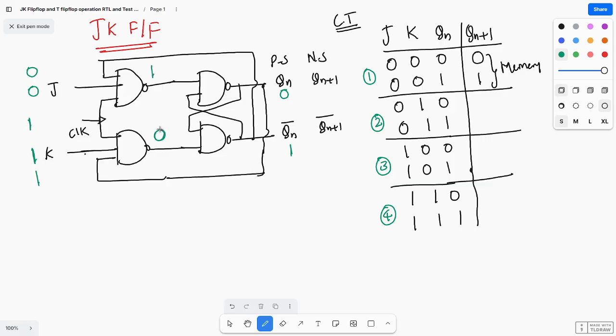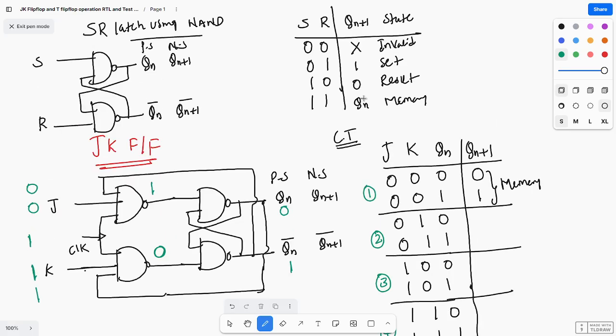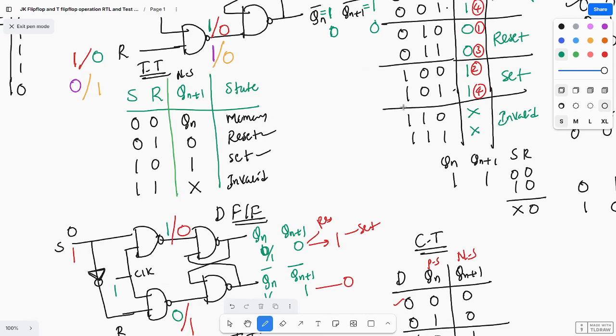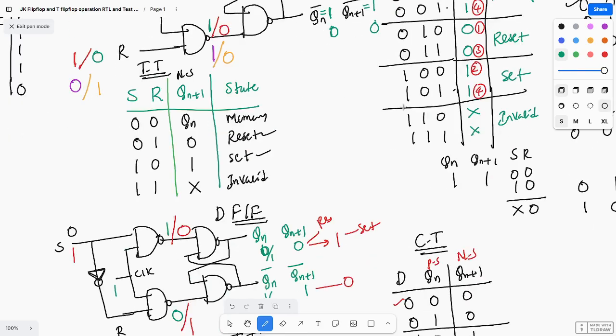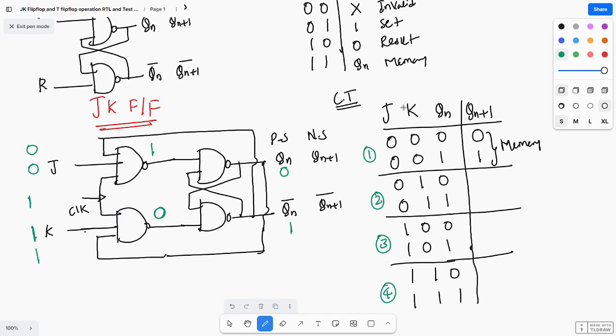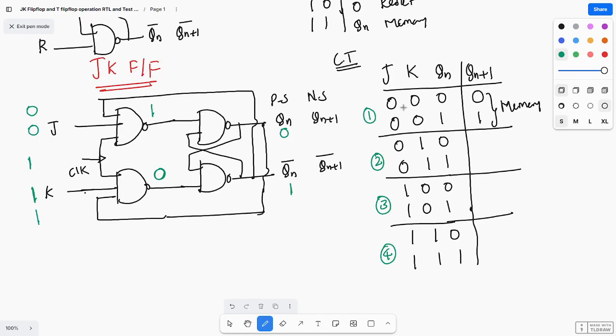So 1 0 means, in the SR latch, 1 0 means what? Here you need to get set state. Okay, 1 0 is reset state. In the SR latch you see 0 1 is set state, 1 0 is reset state, and 1 1. Here you are getting J equal to 0, K equal to 1.